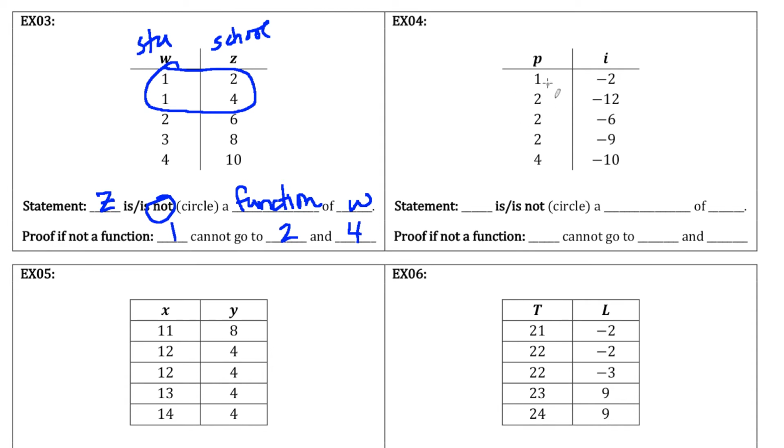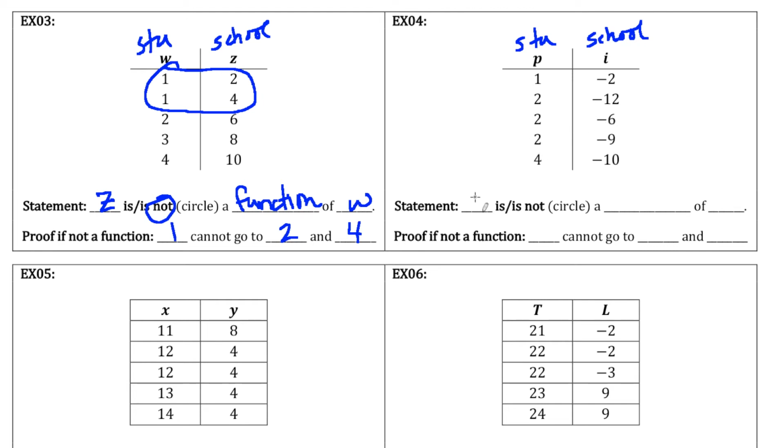So kid 1, it makes it easier if I write it. Okay, so we have this kid. This kid doesn't repeat, so I don't have to worry about this kid or this kid. I just have to look at this kid right here. So this kid goes to -12 and -6 and -9.